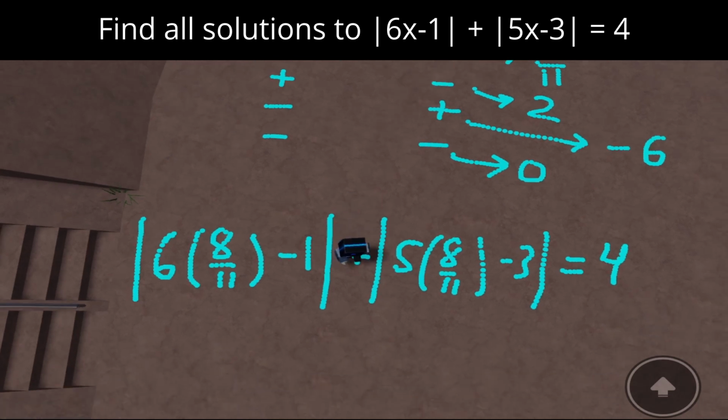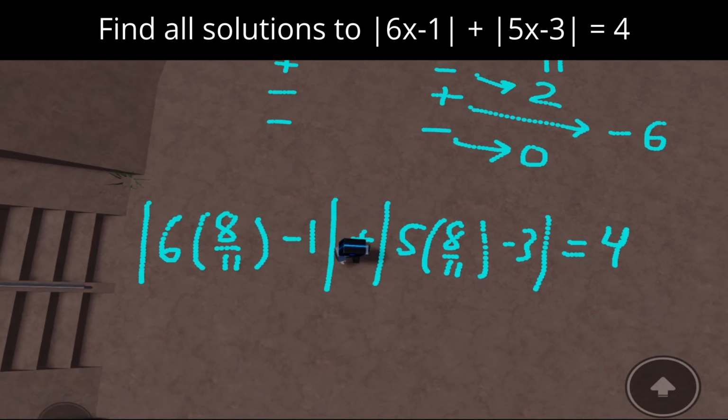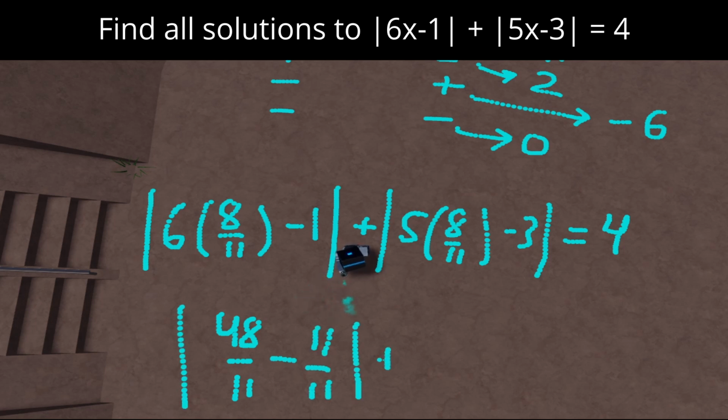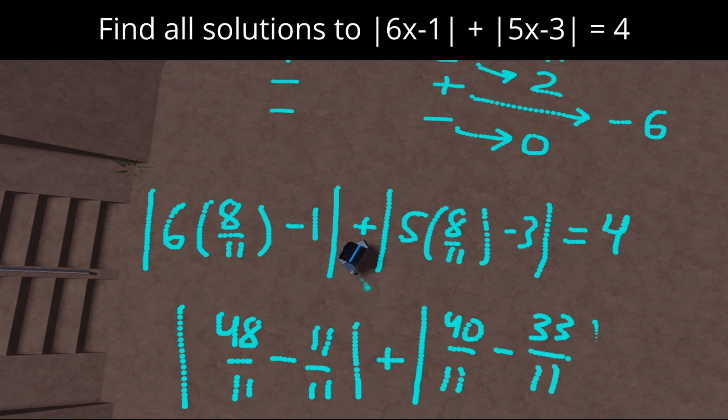So if we do this, we'll have 48/11, because 6 times 8 is 48, minus, I'm going to write 1 as 11/11, absolute value, plus 5 times 8 is 40/11. Then minus 3 is just minus 33/11 if you multiply 3 by 11 and add an 11 to the denominator. And we want to see if this is equal to 4.